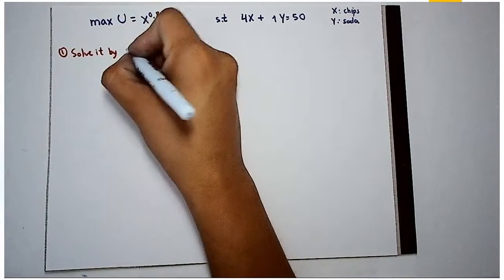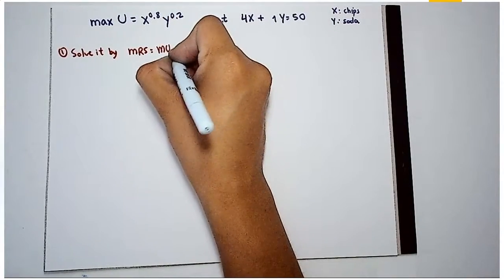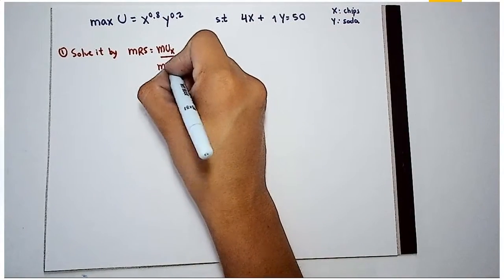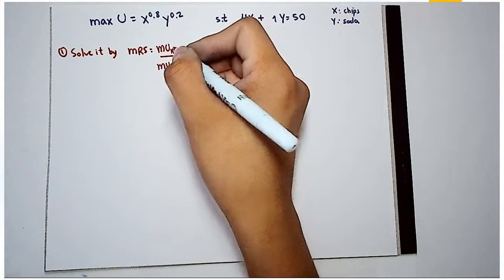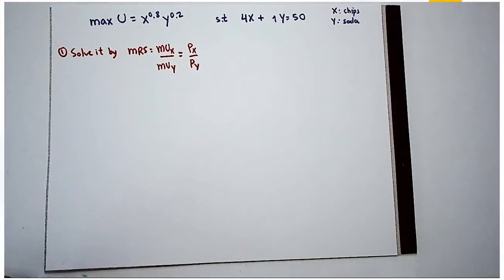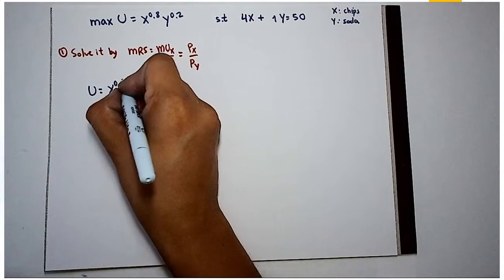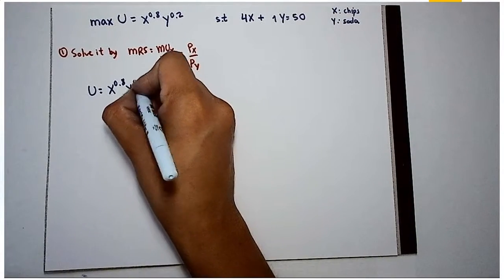by using the marginal rate of substitution, which is marginal utility of x divided by marginal utility of y, and that must be equal to the ratio of prices. So here we have that the utility is x to the 0.8, y to the 0.2.